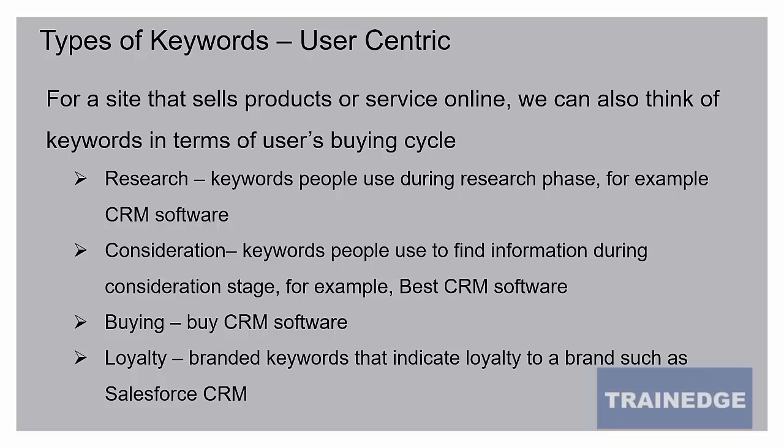And then at the buying stage, you might again do some search related to buying the CRM software. For example, how to buy CRM software, what are the things to watch out for before buying CRM software, and so on. And then at the loyalty stage, keywords would be something like Salesforce CRM, which is a leader in CRM space. So people searching Google with Salesforce CRM, that's a loyalty or branded keyword.